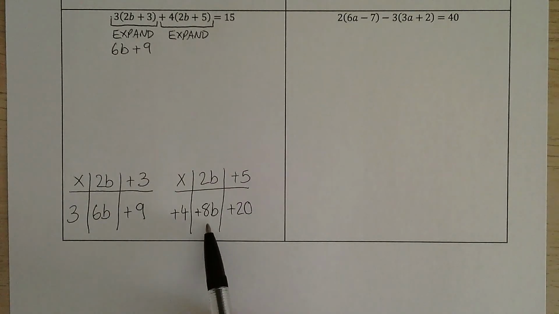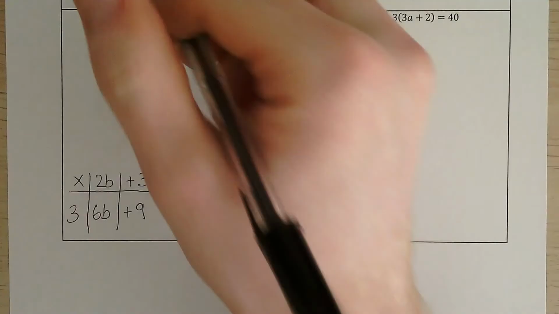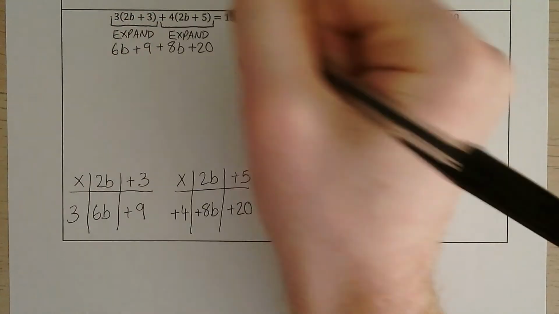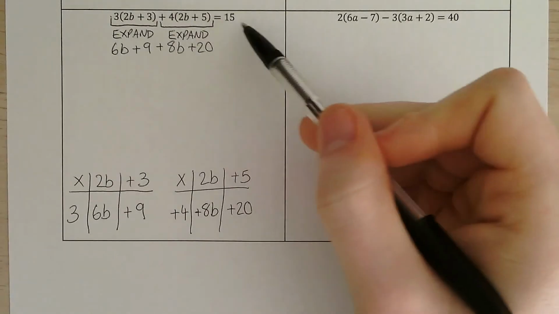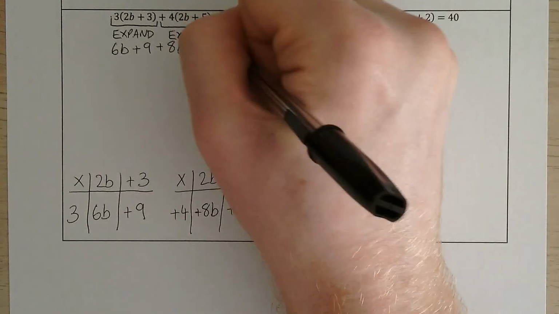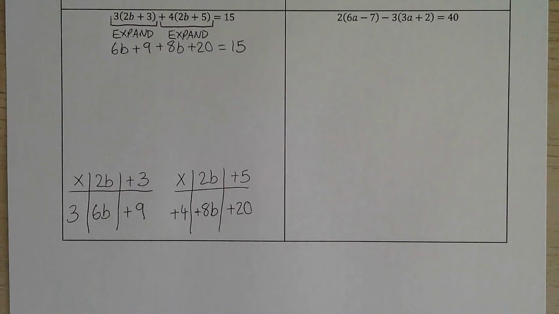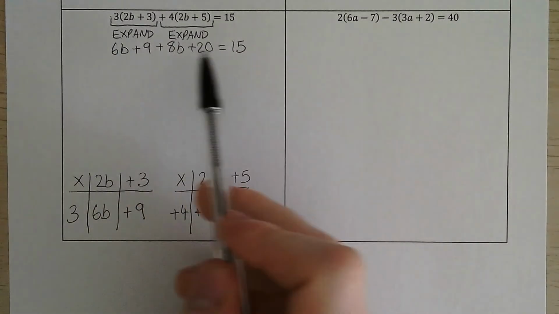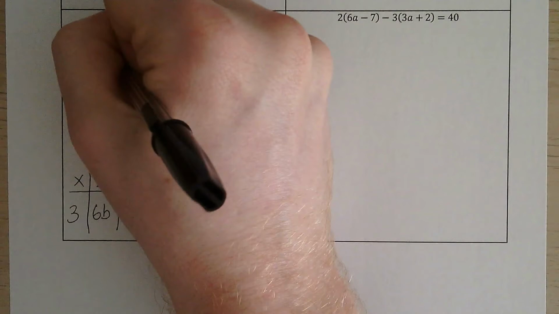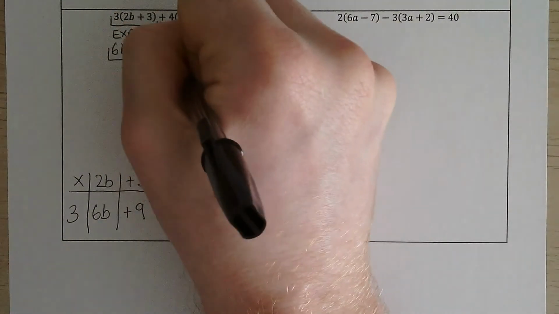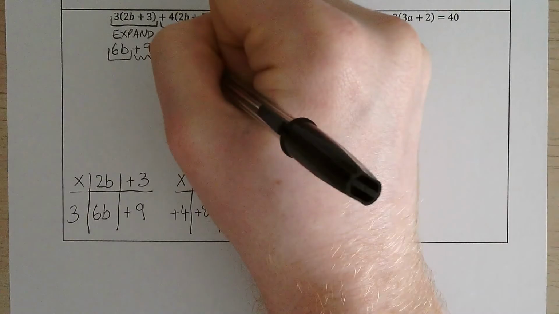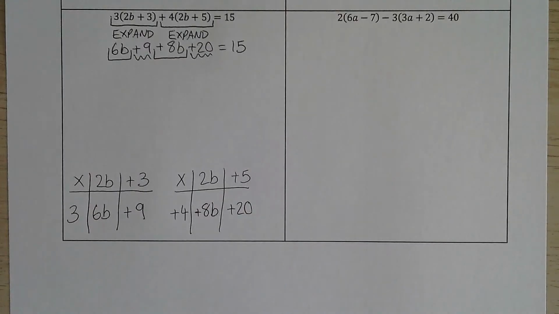So I can write positive 8b plus 20 underneath the second bracket. I need to make sure that the equals 15 drops down to the next line, as I haven't used it yet. I now need to collect like terms on the left hand side of the equation. So 6b and plus 8b are like terms, and then plus 9 and plus 20 are also like terms.